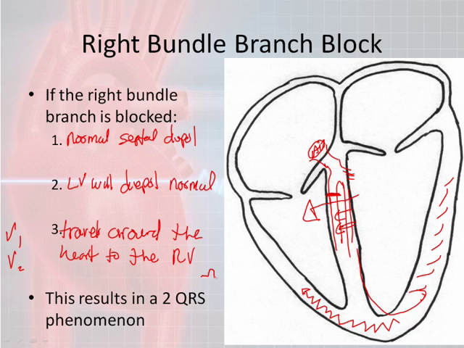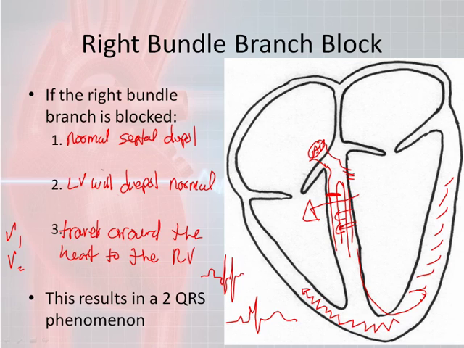What that means is you're going to have a P wave, and if you could separate everything out, you're going to have a QRS complex that will depolarize the left ventricle, and then another QRS complex that will depolarize the right ventricle. If you slap these two on top of each other, that's where you're going to get the RSR prime of your QRS complex in V1.